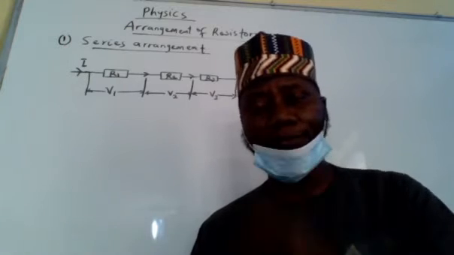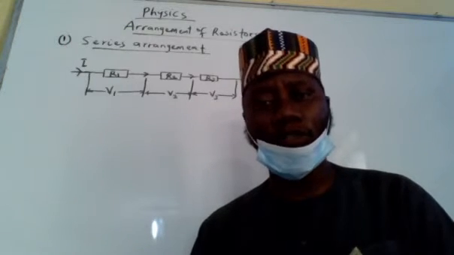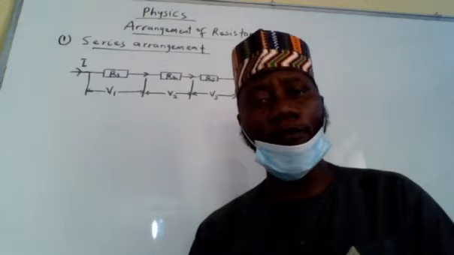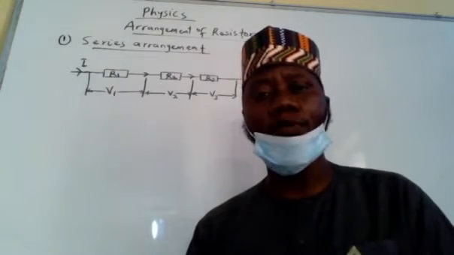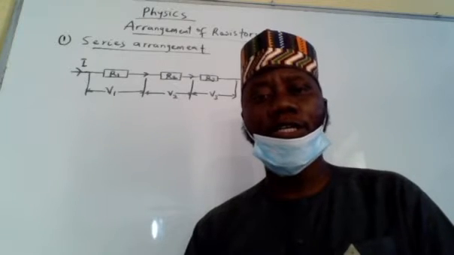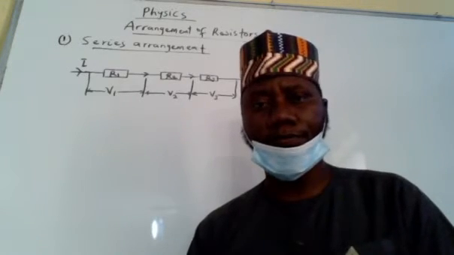And we know that resistance is the ability of a resistor to oppose the flow of current. So our discussion in this class is to look at how resistors can be arranged in a circuit.